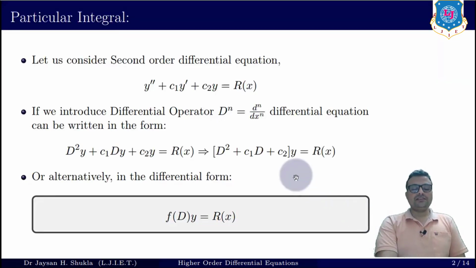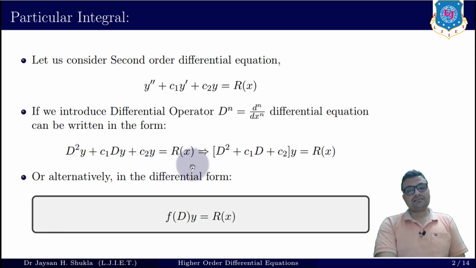Okay, so as usual, I am considering the second order differential equation y double dash plus c1 y dash plus c2 y equal to Rx. Then I am taking the differential operator capital D as d/dx, and that will turn my equation into d square y plus c1 dy plus c2 y equal to Rx.